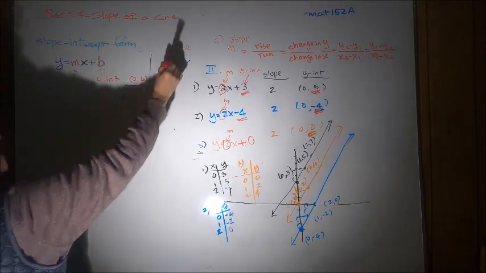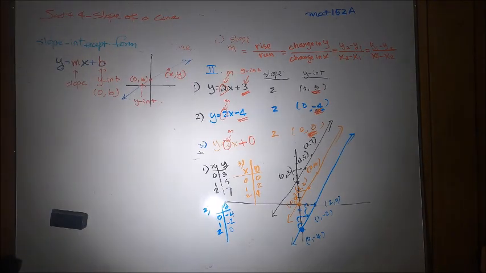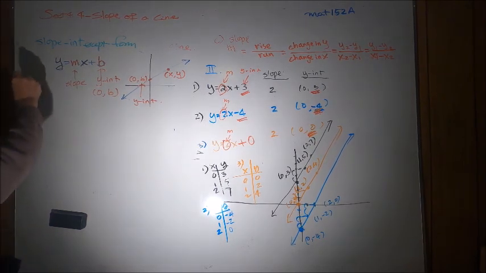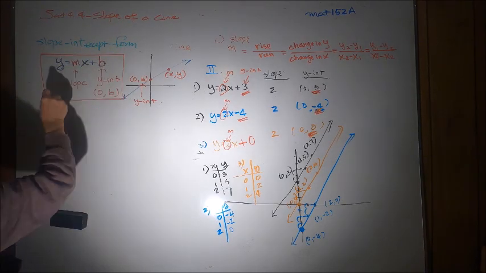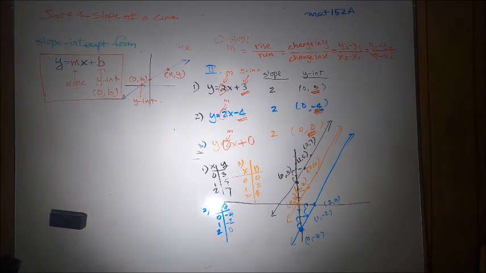Then any point on the line, the ordered pairs, will be the points on the line, we call them (x, y) ordered pairs. Okay, so this form you will use a lot for the rest of your algebra life, all the way to pre-calculus and calculus. We'll all use those.